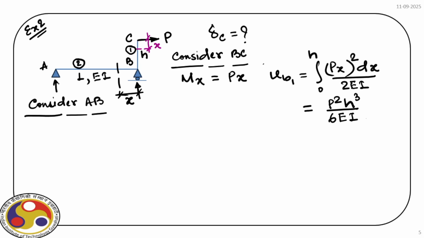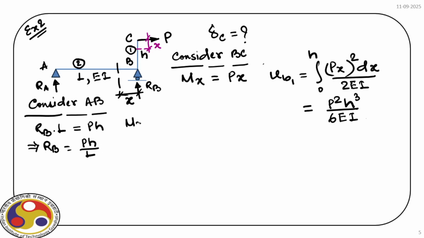So, we have RA and RB. Now, if we take the moment about the point A, we have RB times L is equal to P times H. So, RB is equal to PH divided by L.